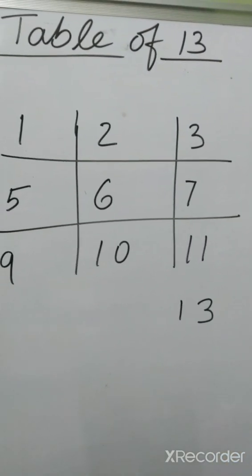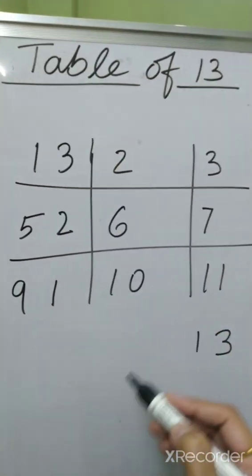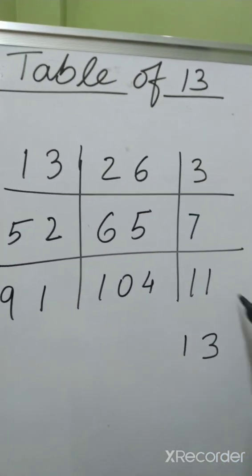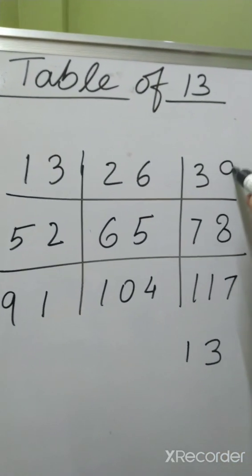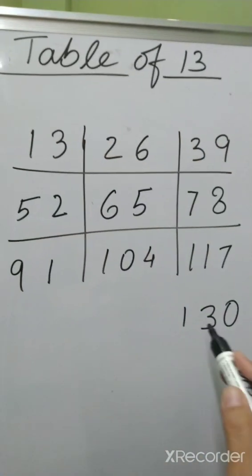Again we will write the counting starting from here. 1, 2, 3, 4, 5, 6, 7, 8, 9 and 10's 0 we will put here. This is the table of 13.